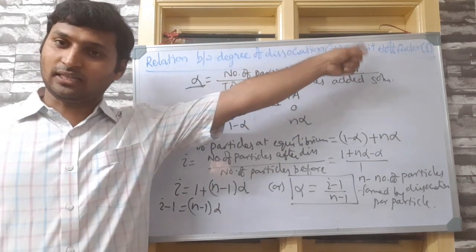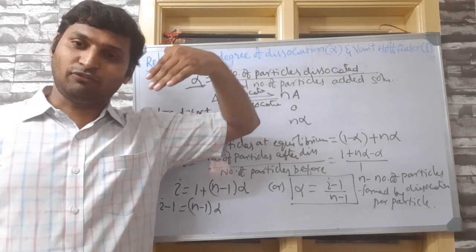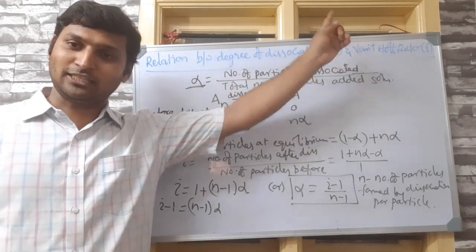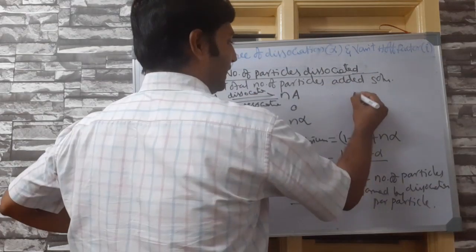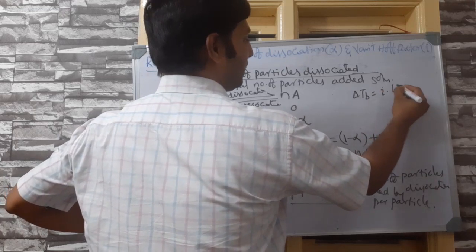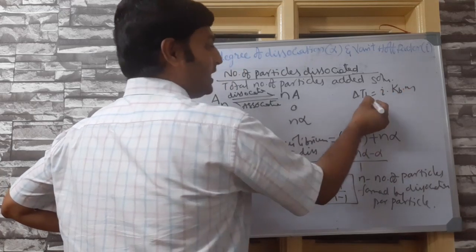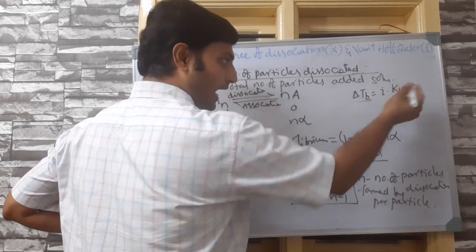From the colligative properties. By determining the colligative properties, you have a new formula for colligative properties now. Say for example, you talk about delta Tb. Delta Tb is equal to i into Kb into m, right? Now I determined delta Tb, I determined Kb, I had molality.